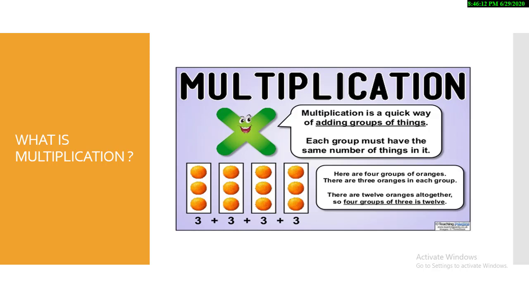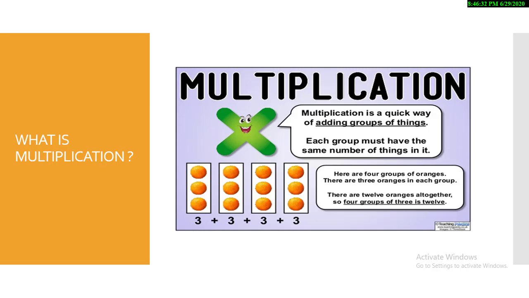You can also say that multiplication is a quick way of adding a group of things. With the help of multiplication, we can quickly add numbers. This is a very easy way to add numbers.